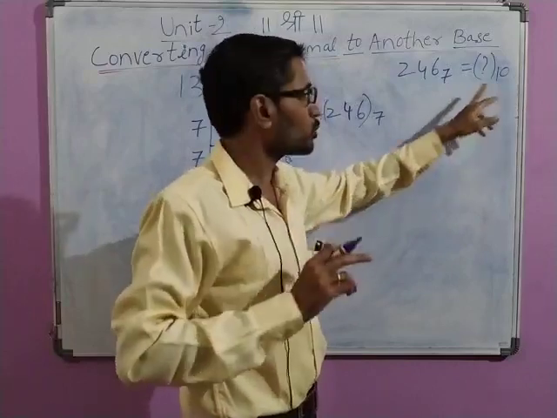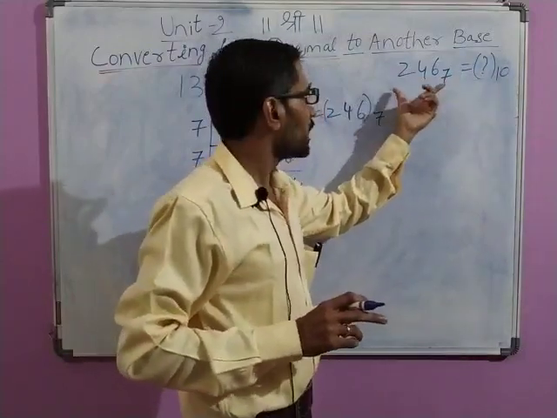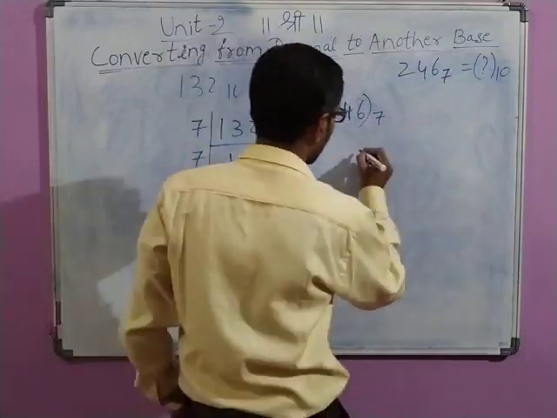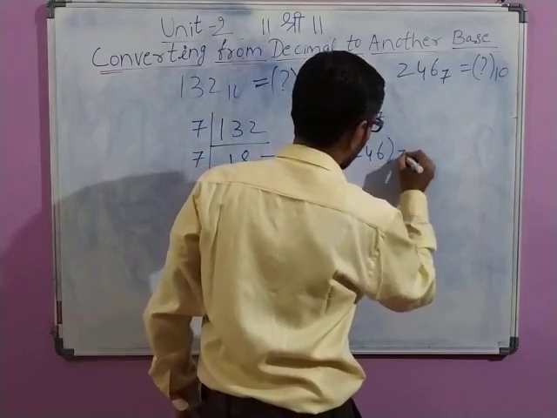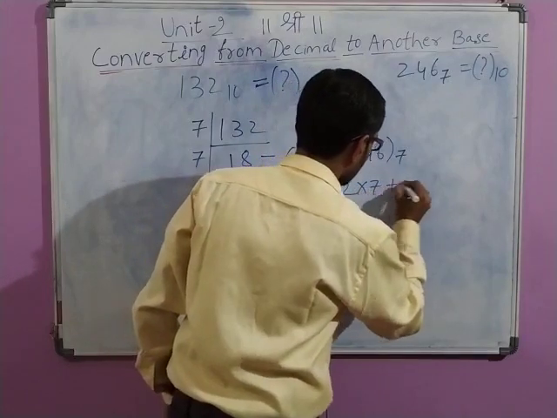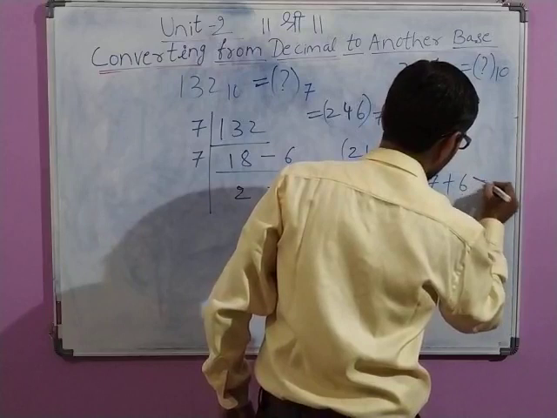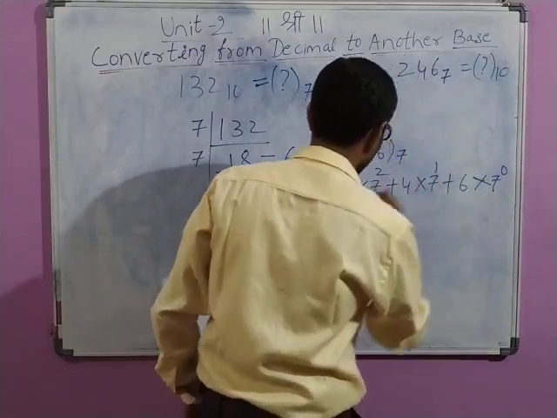We take the positional values, multiply, and get the product. So we take 246 to the base 7: 2 into 7, plus 4 into 7, plus 6 into 7, with 7 raised to 2, 7 raised to 1 and 7 raised to 0.